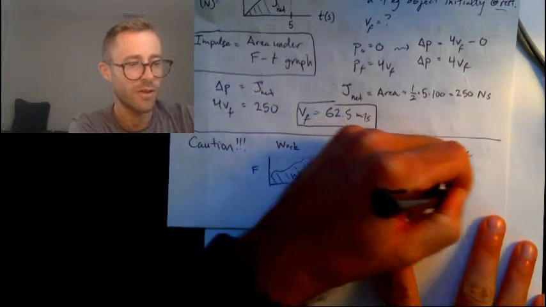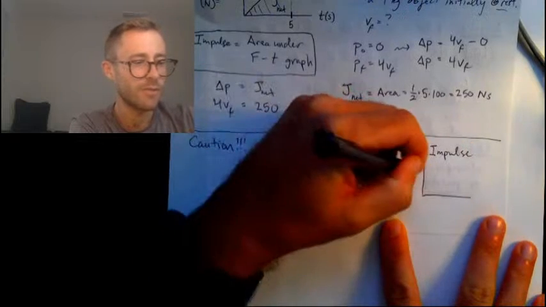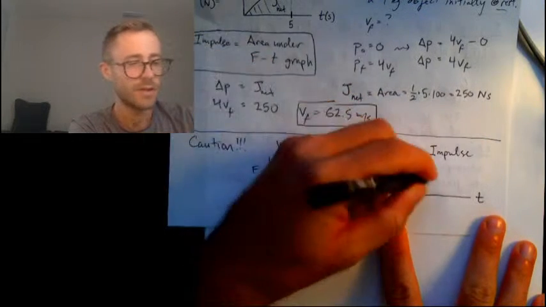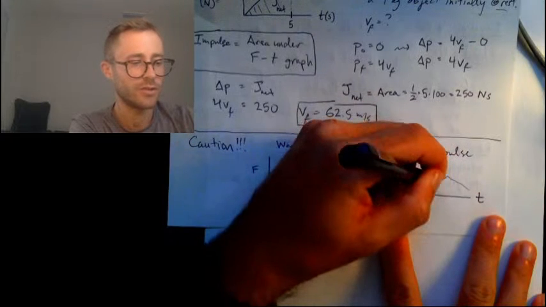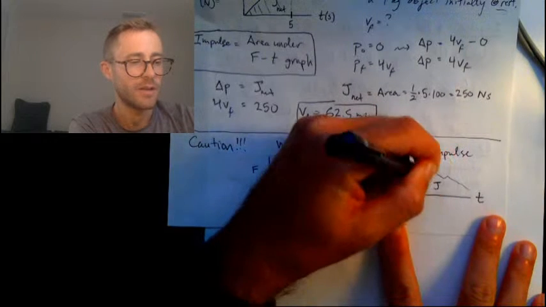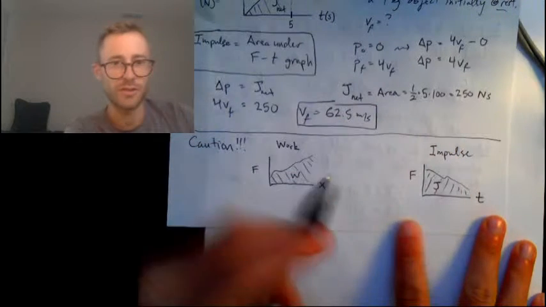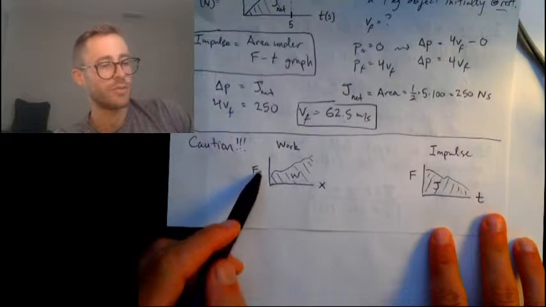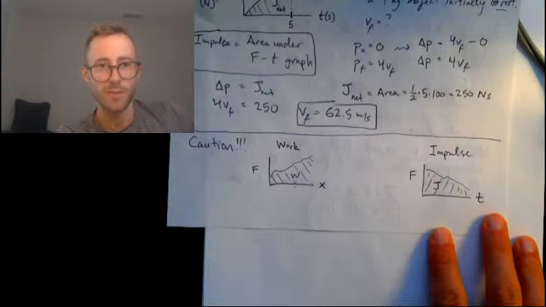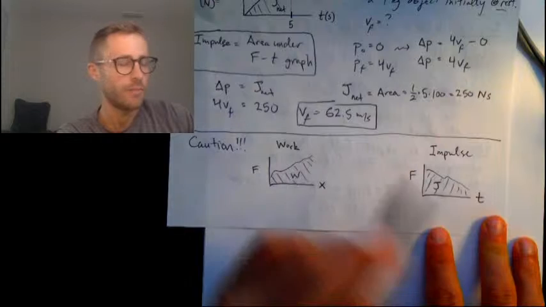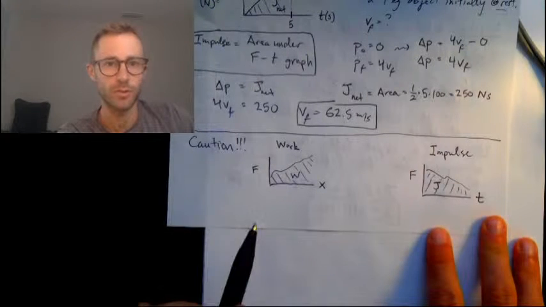Impulse is the area under the curve of a force-time graph. So this is one of those situations where if you do not read the axes, if you do not notice force-position versus force-time, you will get the wrong answer. So you've got to be careful here. All right? Make sure you pay attention to those horizontal axes.